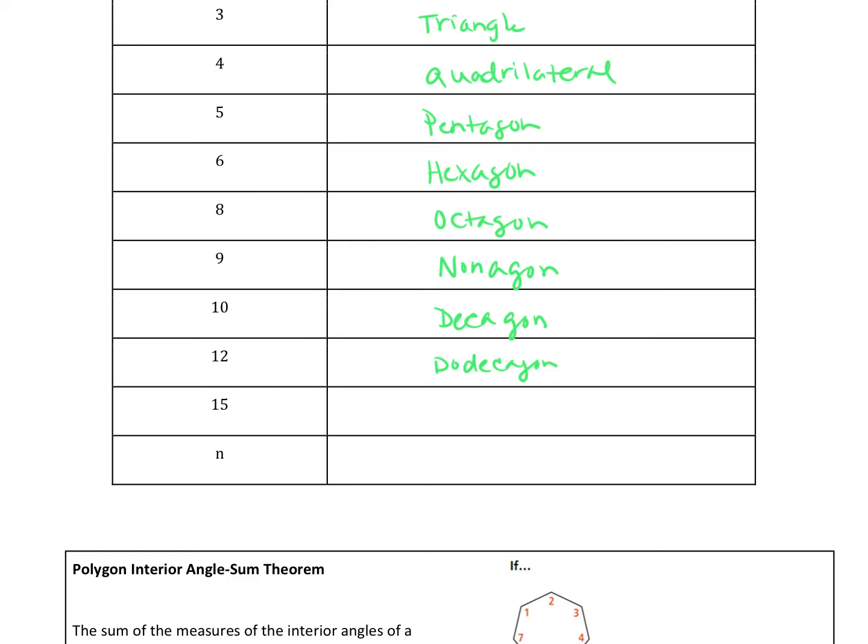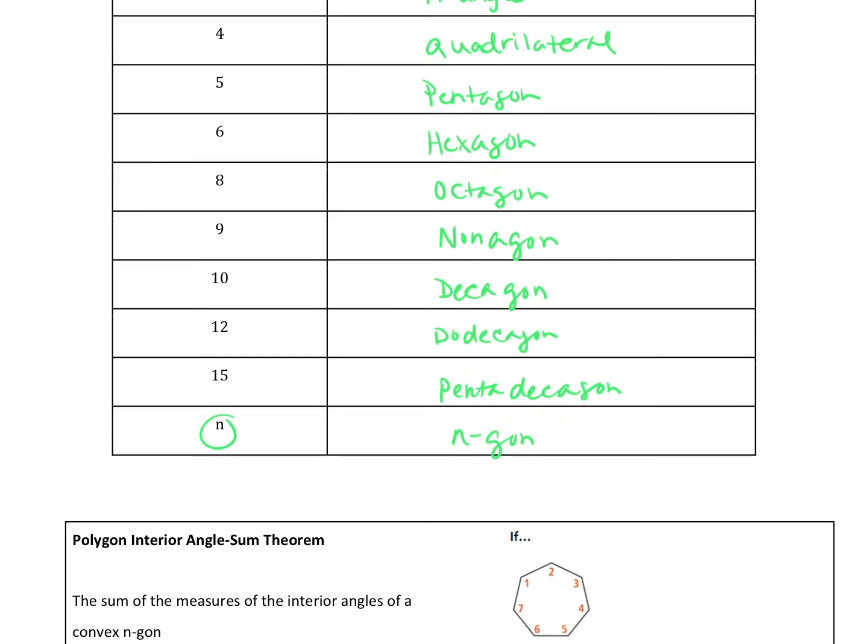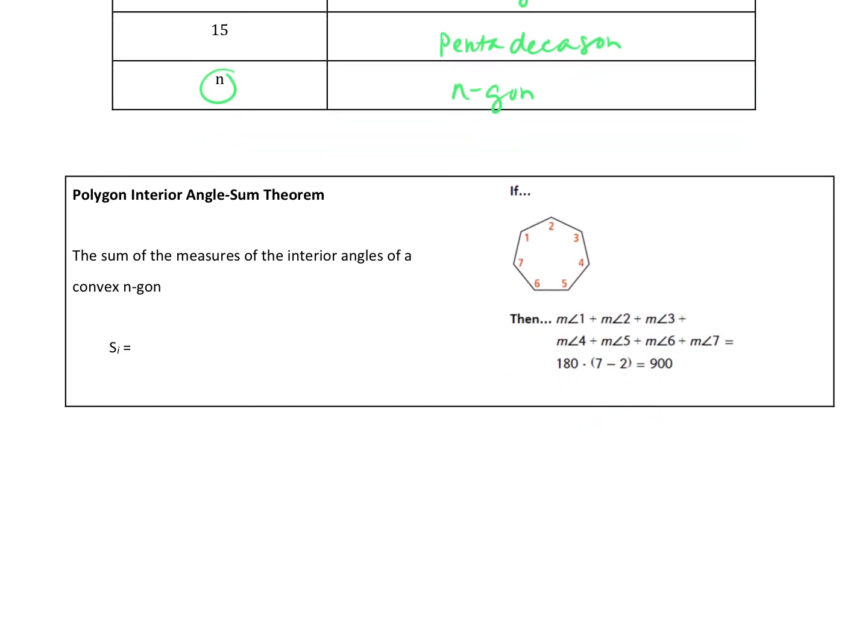A 15-sided polygon is a pentadecagon. And in general, if you have n sides, if it gets to be so many sides, it doesn't get a special name, we call it an n-gon. All right, so polygons are named based off of their number of sides.